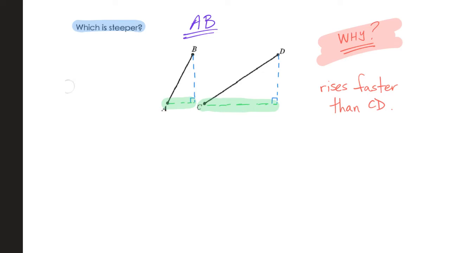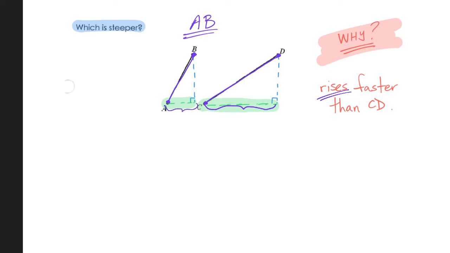It only took AB this amount of time to go all the way from A up to B. However, it took C that amount of time to go from C all the way up to D. Really what we're talking about when we talk about slope is how long does it take to get to a certain height. What we're looking at is the idea of rising and how long it takes to rise.